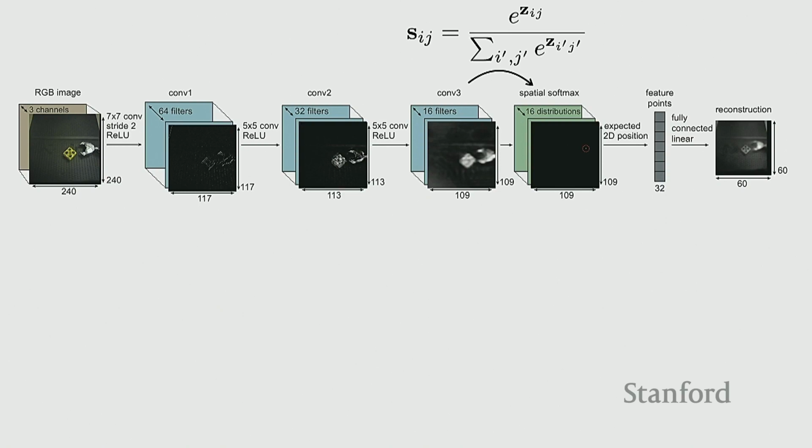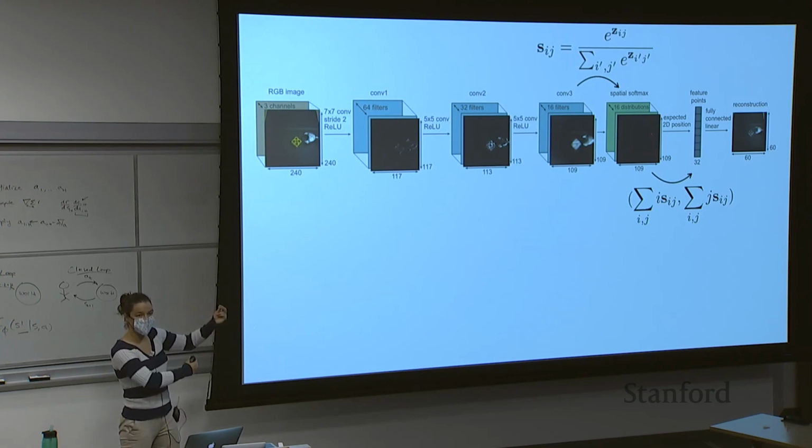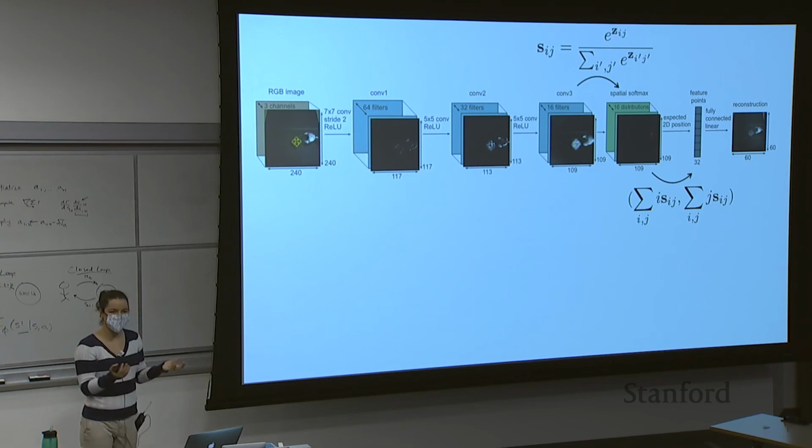And then once you get this distribution over 2D positions, you can essentially take an expectation, which will take the expected xy coordinate or expected ij coordinate, which will take that distribution over 2D positions and give you a single point out. It's going to essentially give you the mean xy position for that particular distribution. You can essentially think of this as a spatial attention, where it's attending to the part of the feature map that has high activations.